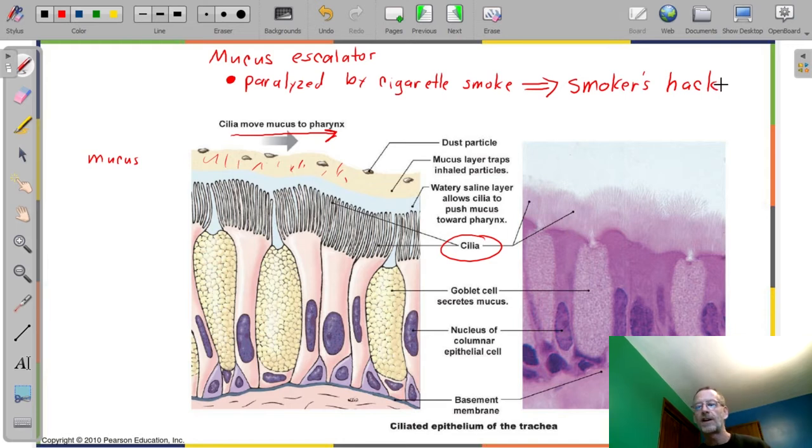You have to forcibly cough it out of the lungs. The goblet cells, lots of them, are secreting the mucus, and it goes out onto the luminal surface.